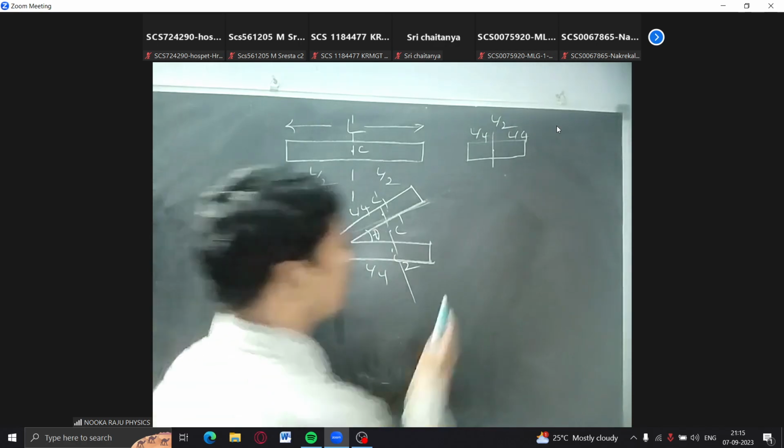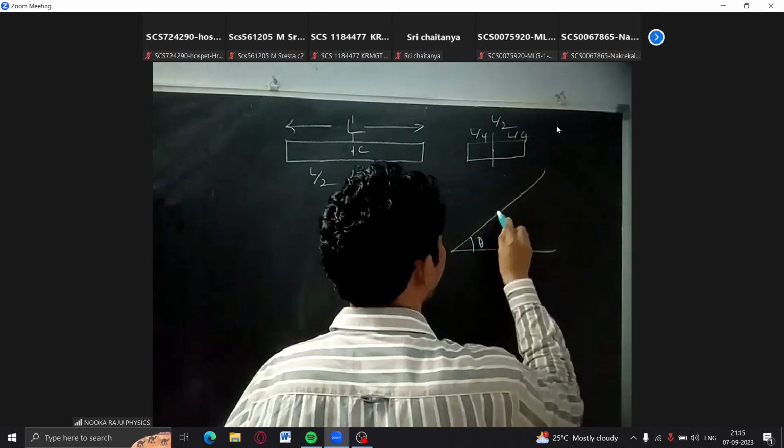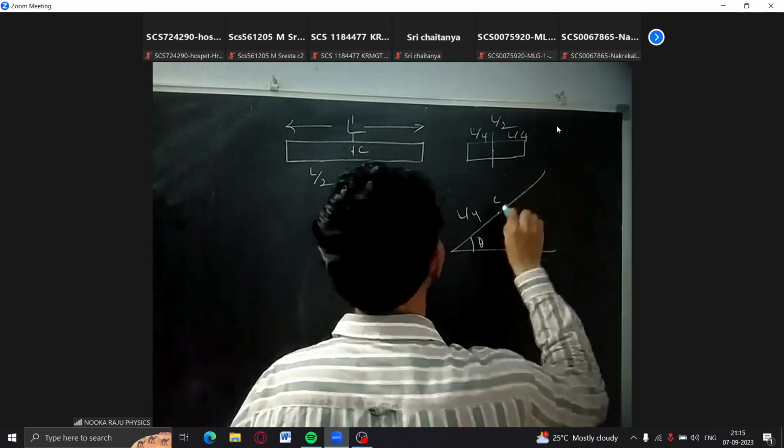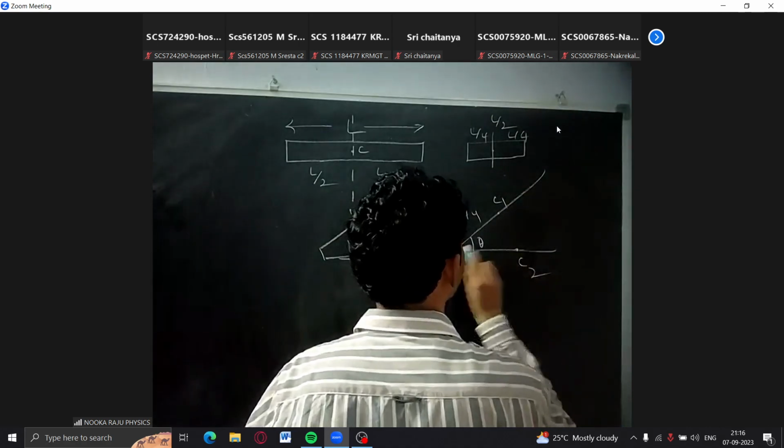Now simply you can understand like this. This is theta, this is L by 4, this is C1, this is C2.